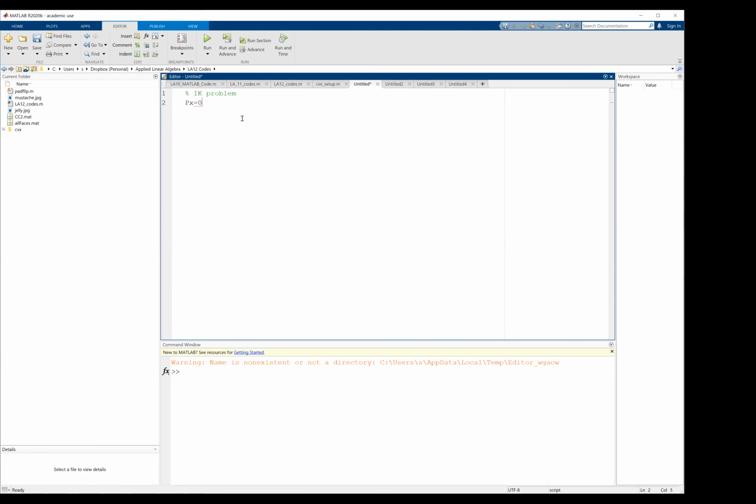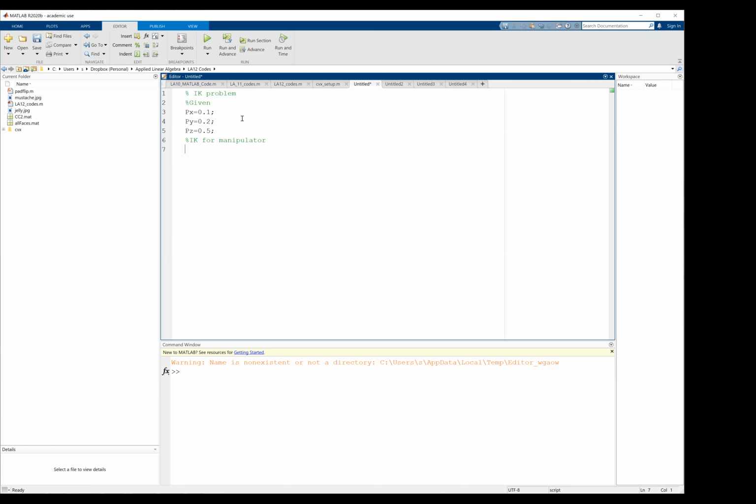Given values: Px is given, say 0.1. Py is given, so 0.2. Pz is given, say 0.5. And we are going to solve IK for the manipulator.